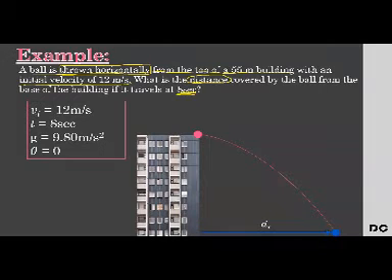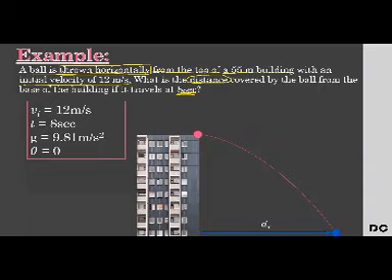We have the initial velocity, which is 12 meters per second. The time is 8 seconds.